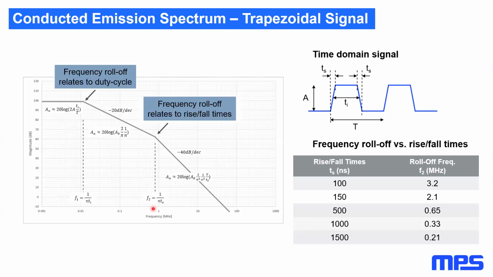The lower the F2 frequency, the lower the created spurious noise in the FM band and above will be. Depending on how fast the motor phase voltage transitions, the frequency F2 can range from hundreds of kilohertz to a few megahertz.